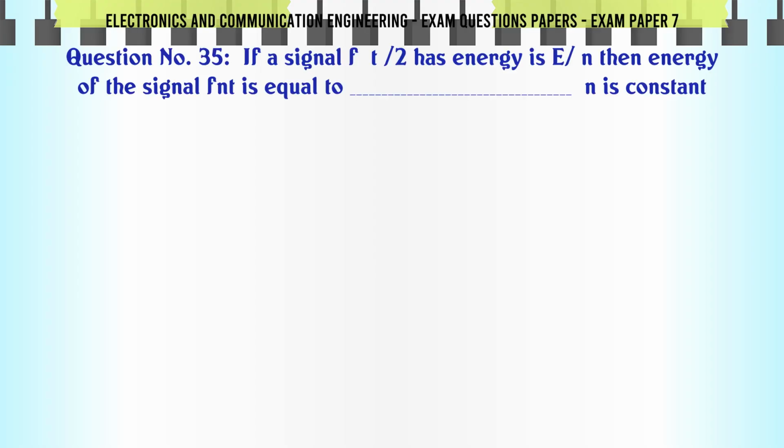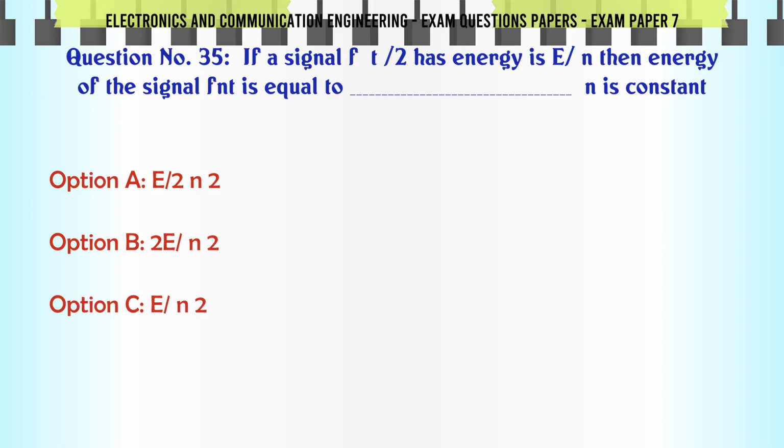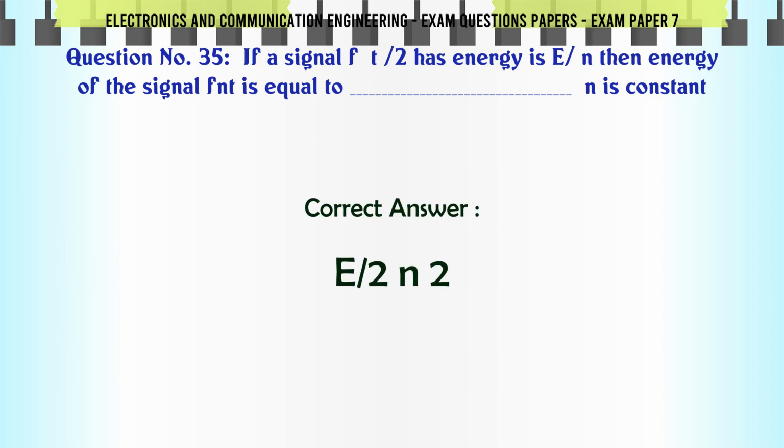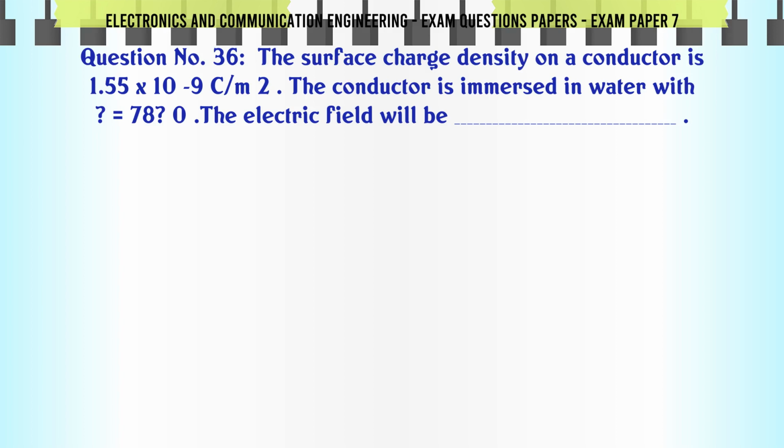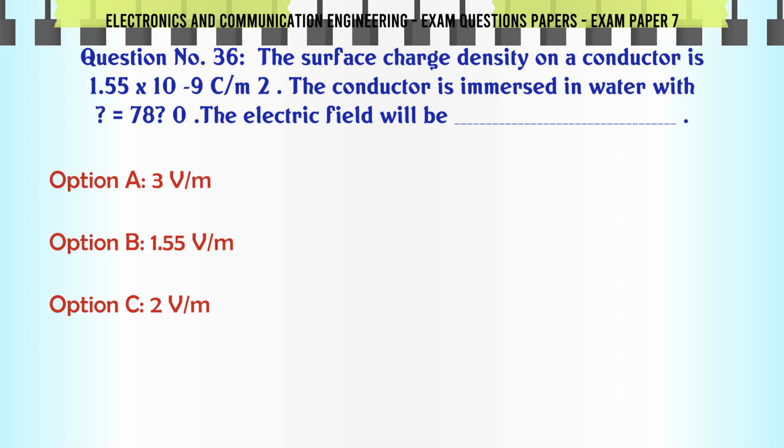If a signal f(t)² has energy En, then the energy of the signal f(nt) is equal to, where n is a constant: A, E/n²; B, 2En²; C, En²; D, 2En². The correct answer is E/n². The surface charge density on a conductor is 1.55 × 10⁻⁹ C/cm².